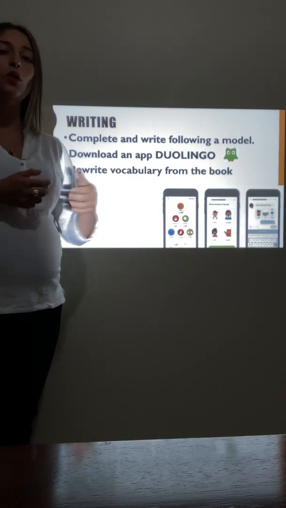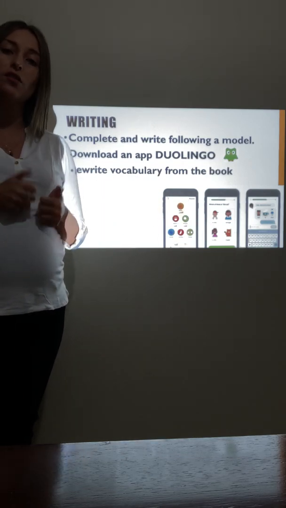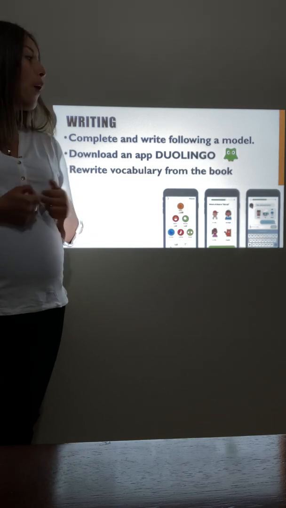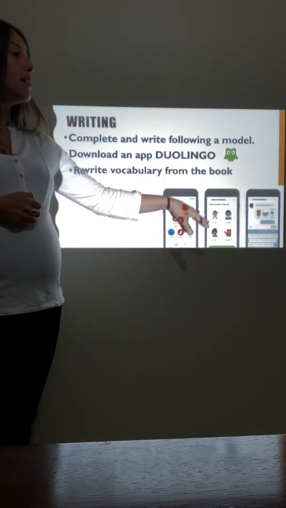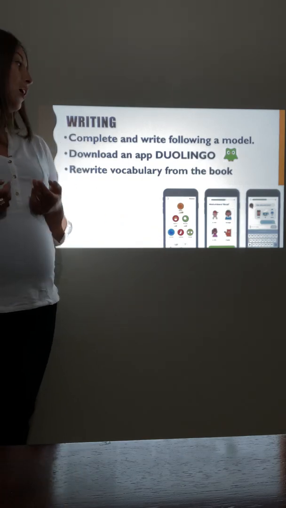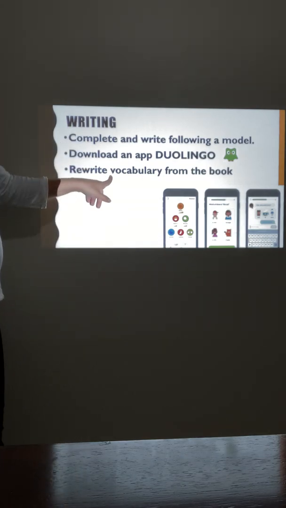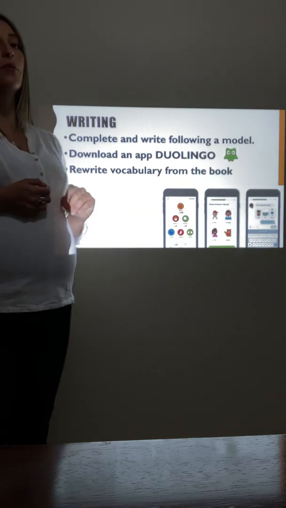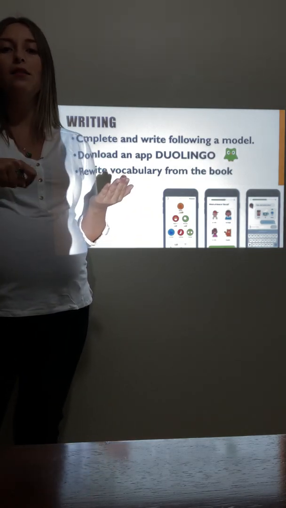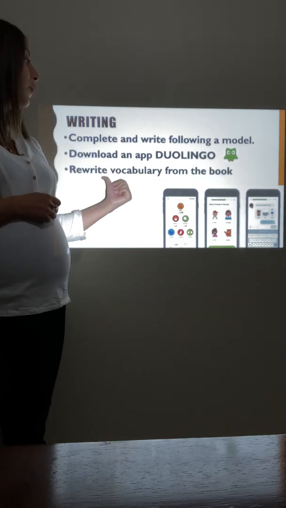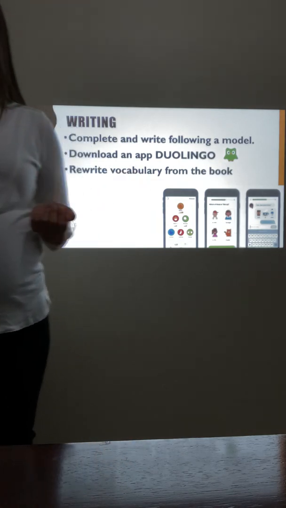In this app, you can write in English on your cell phone. You can write, you can listen, you can speak, and you can practice like playing, okay? And also, you can rewrite vocabulary from your book. You see the word in a book, and then you write it in your notebook. That is another way to practice your writing skill.